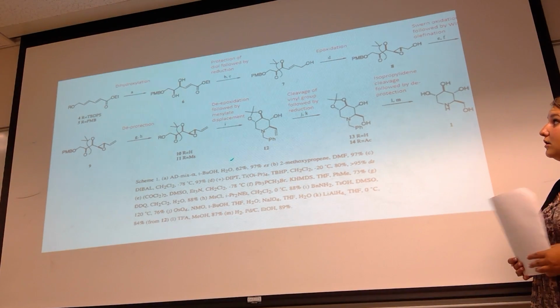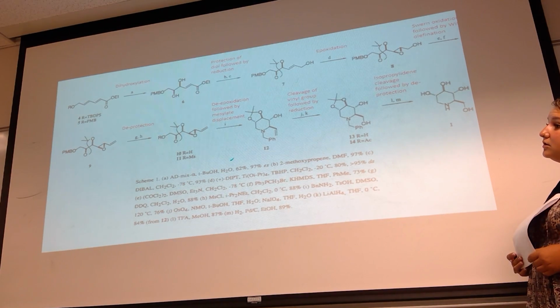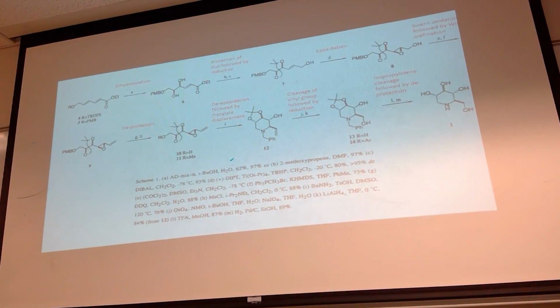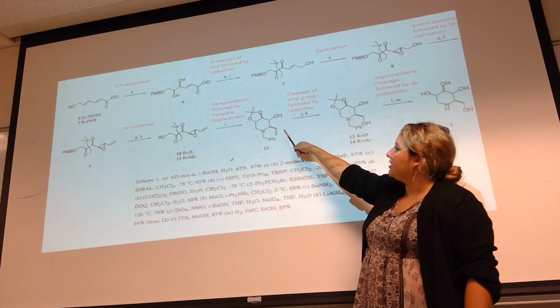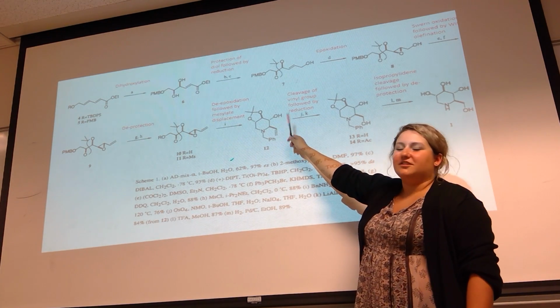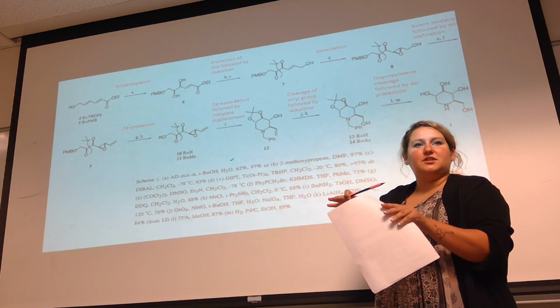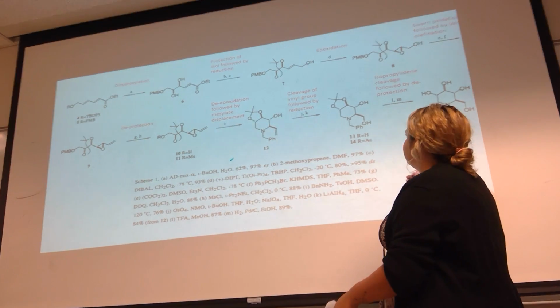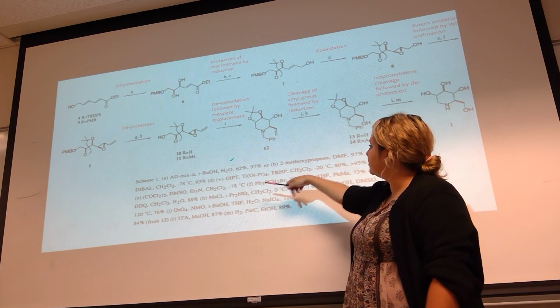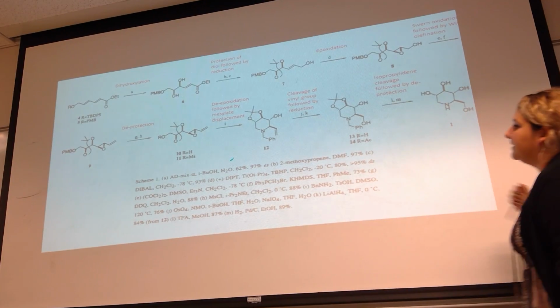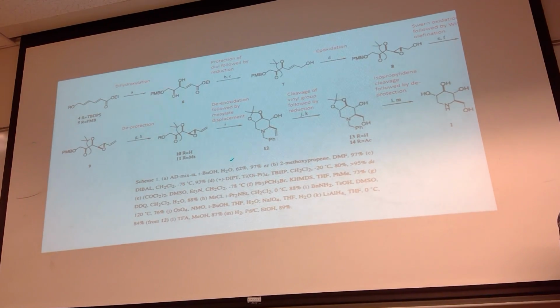So OsO4 and NMO makes the alkene into the alcohol? That's a diol. Is it the opposite or the same? Same addition, it doesn't matter. And so then from there, will they cleave it?